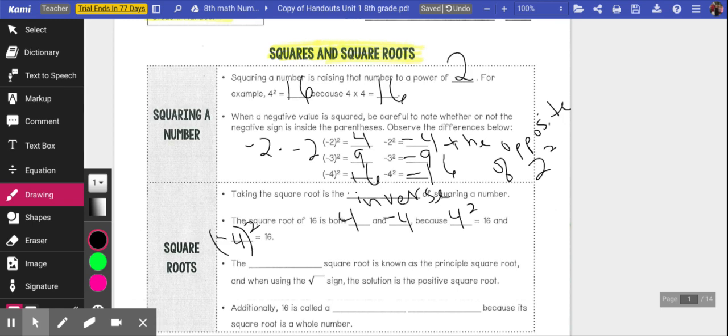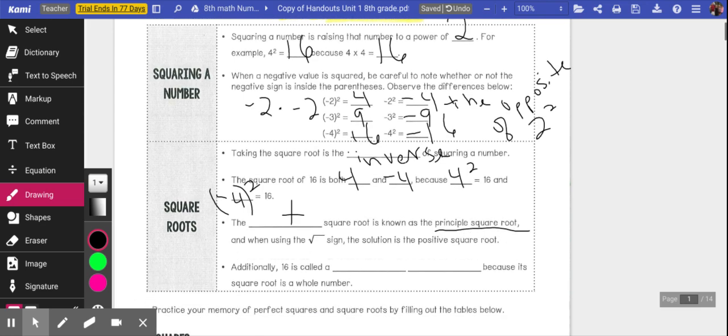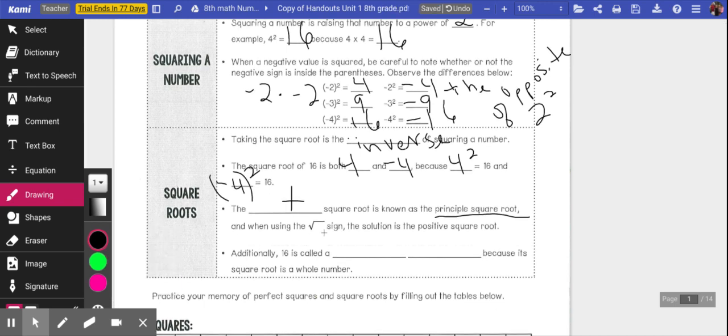The positive square root, I'm just going to put a positive sign there, is known as the principal square root. And when using the square root sign, the solution is the positive square root.